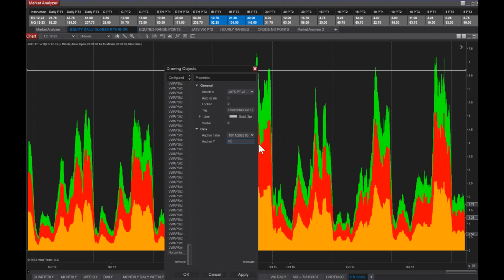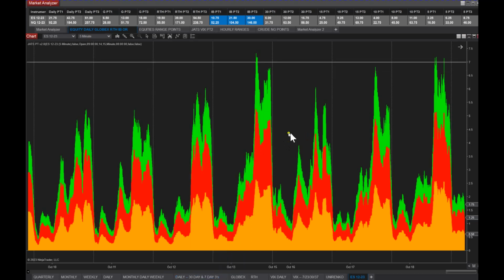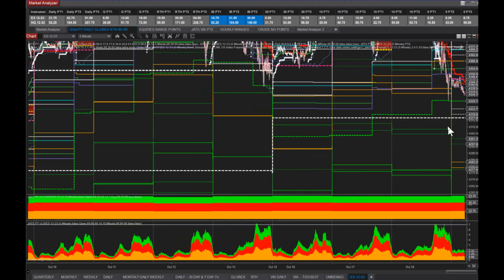So you can't get to the 2 and the 3 without getting up here in the range. If you're below a certain threshold, you can say that you're inside the first standard deviation, right? So you can just look at your chart and know where you are just by looking at your volatility threshold.